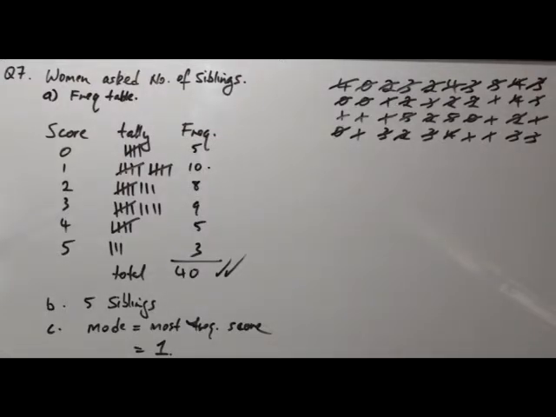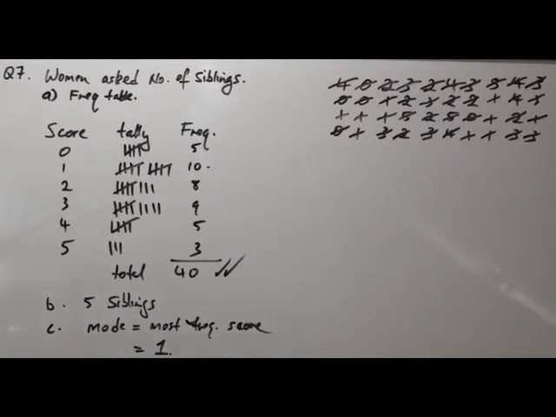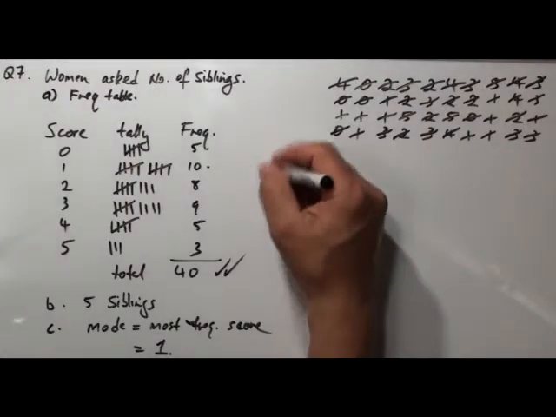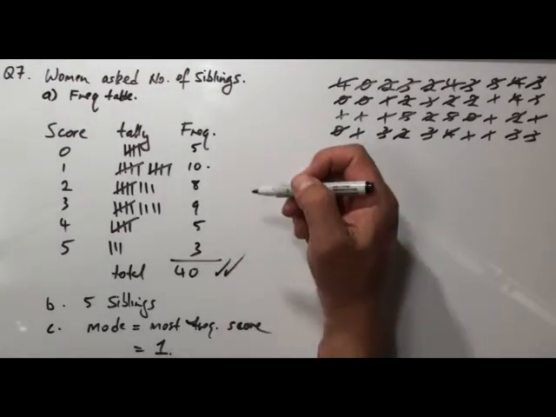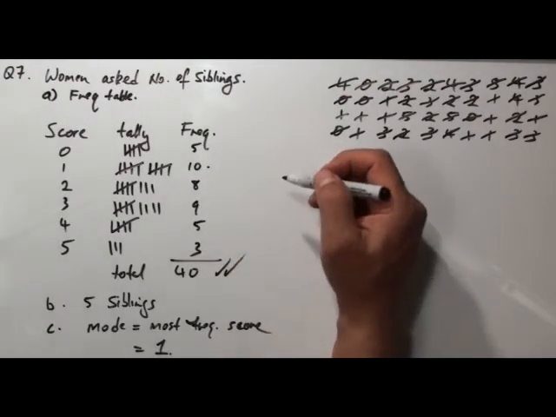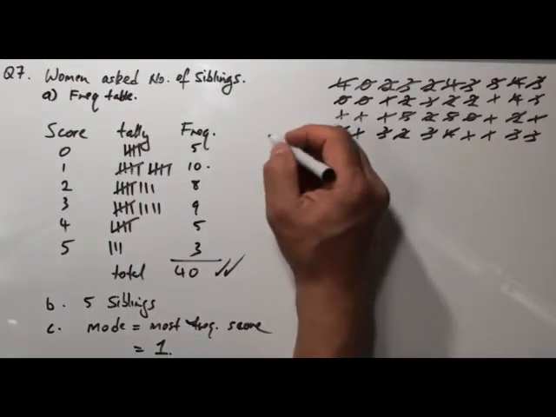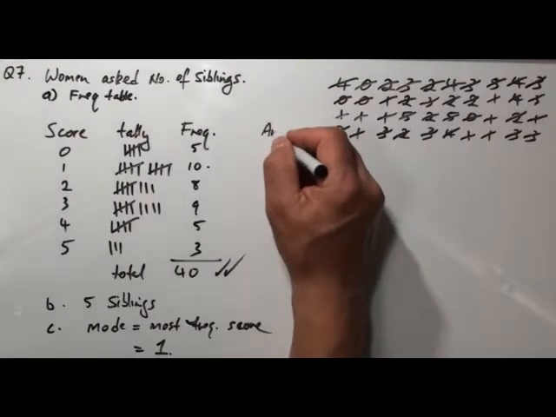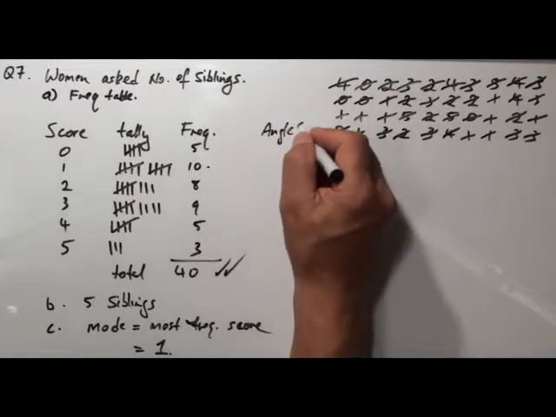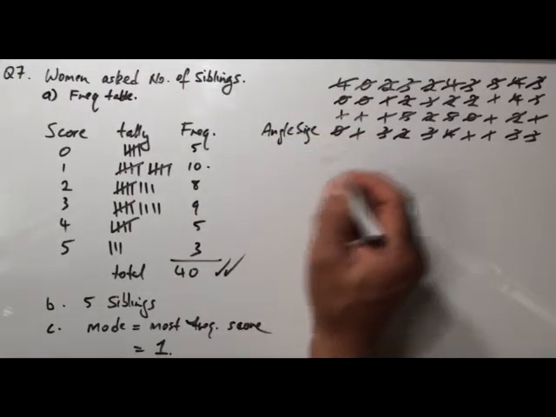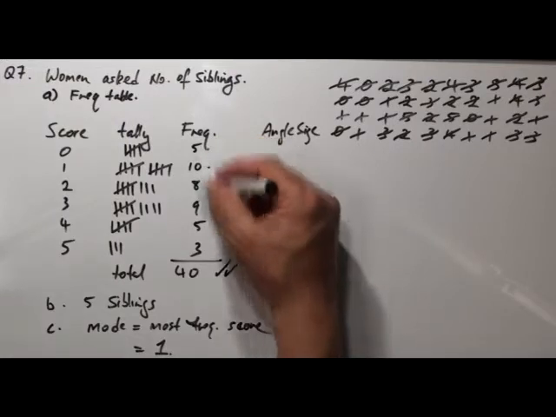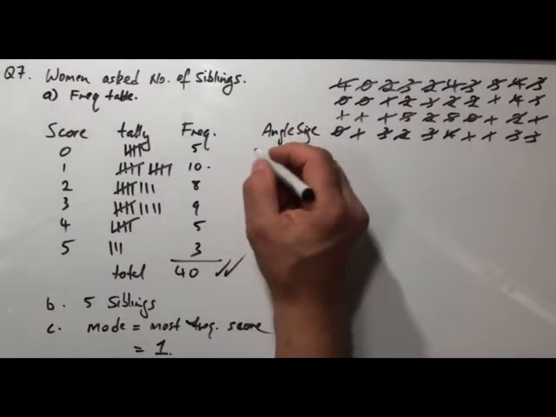The next part of this question asks us to construct a sector graph of this data. To construct a sector graph of this data, we need to work out what fraction each of these numbers makes of a circle. This will give us the angle size. So if I make another column and call it angle size, then we can work out the angle size of each of these frequencies.